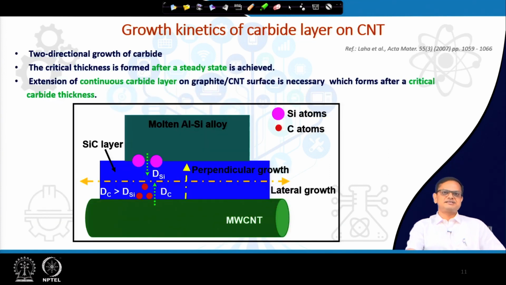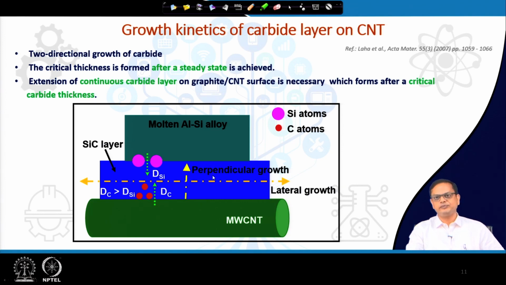Now, let us understand the growth kinetics. What is happening here? You have MWCNT and then you have molten aluminum silicon alloy. Okay. Here, in between this aluminum silicon alloy and the CNT surface, this carbide is growing.